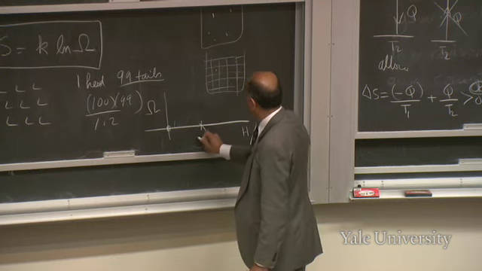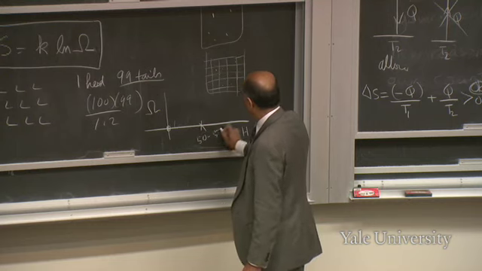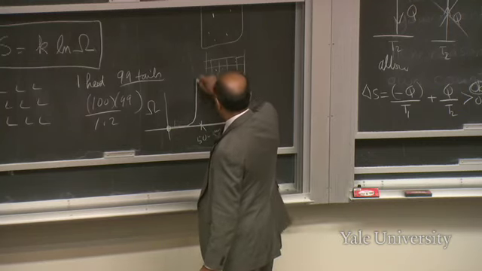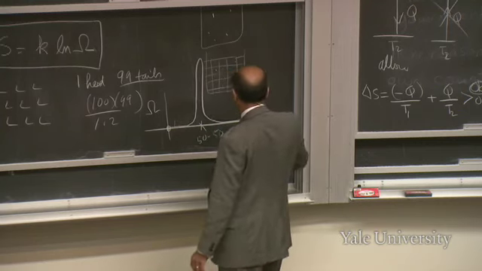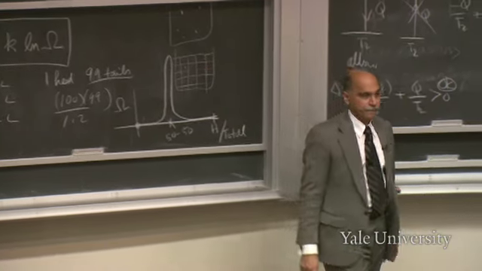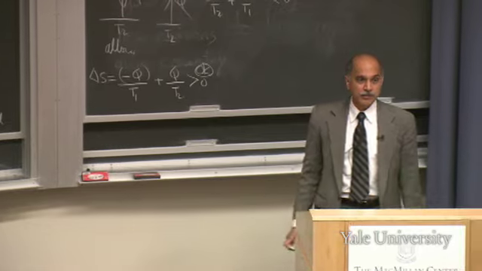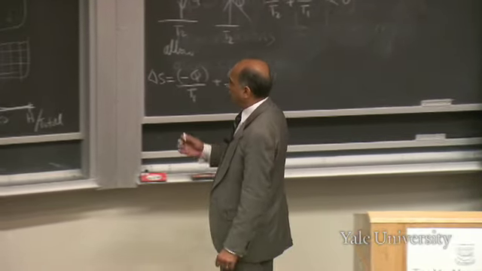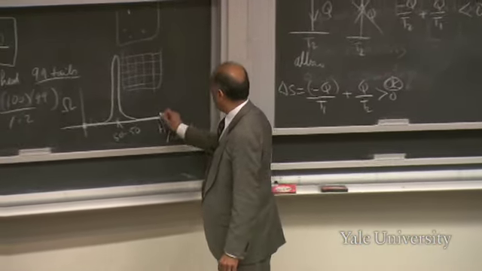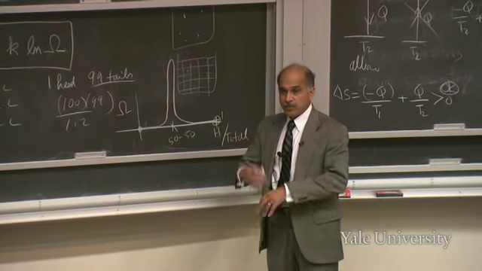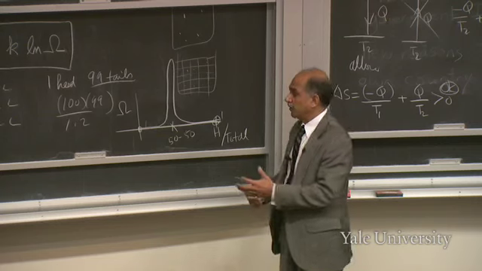And you will find the 50-50 chance of half the number of heads and half the number of tails has the biggest occurrence rate, because there's the most number of ways to get 50-50 than anything else. And 100 heads is as bad as 100 tails. Again, there's only one way in which you can get all heads and one way in which you can get all tails. But as you start scrambling them, there are more and more ways.